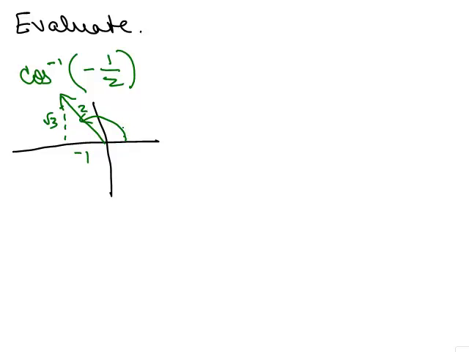So we've got 90 plus an extra 30. This has got to be 120 degrees. And there's only one place in between 90 and 180 degrees where you're going to have the cosine being equal to -1/2.